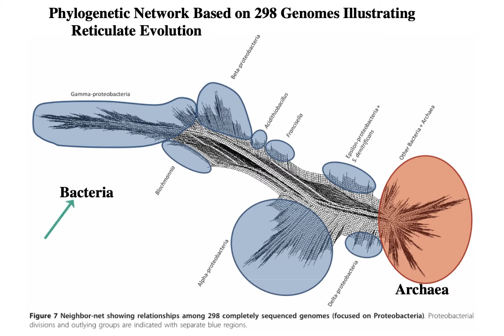So here are the bacteria here, and then the archaea have done the same thing, and then the eukaryotes would be coming off of one of these lines from the archaea, and they add on not only the simple horizontal gene transfers, but also all of those endosymbiotic events that lead to large horizontal gene transfers.